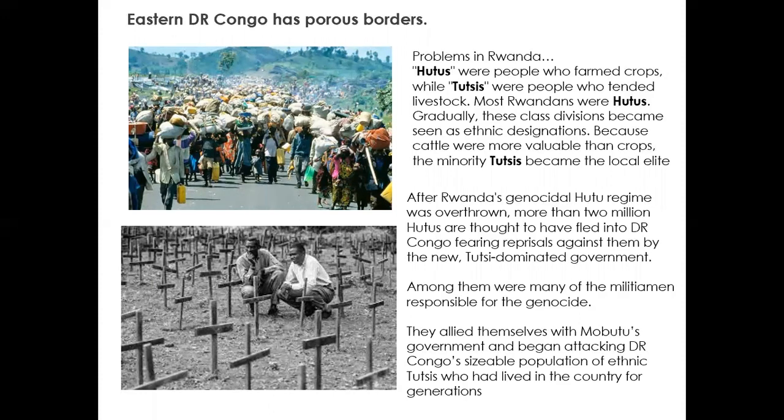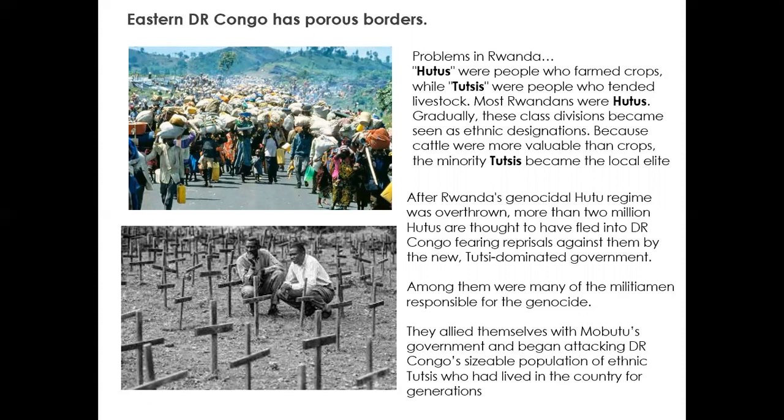Now, when the Rwandan genocide came to an end, those who committed these crimes, Hutus, were forced to flee into neighbouring countries, one of them being the Democratic Republic of Congo. At this point, of course, it was known as Zaire. Since Goma is on the eastern border, which is shared between the DRC and Rwanda, it was a new home for many of these refugees.